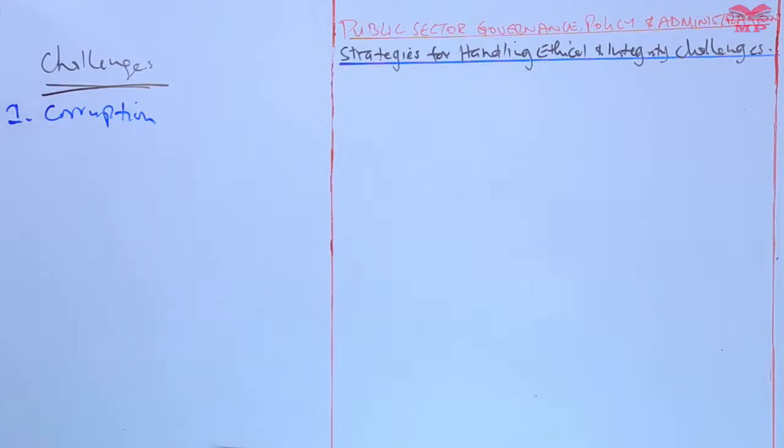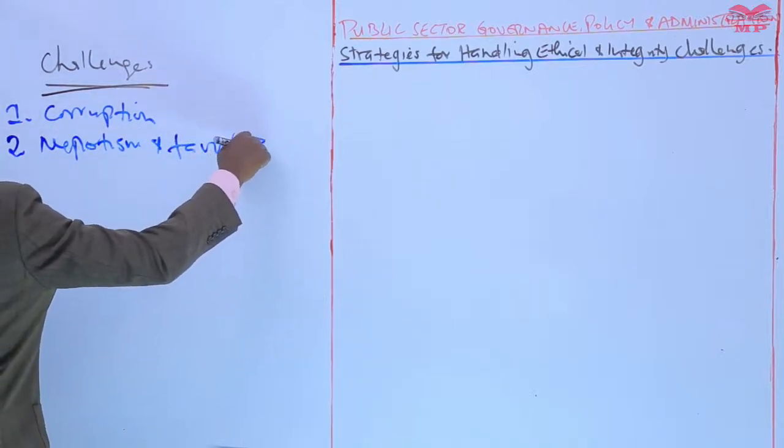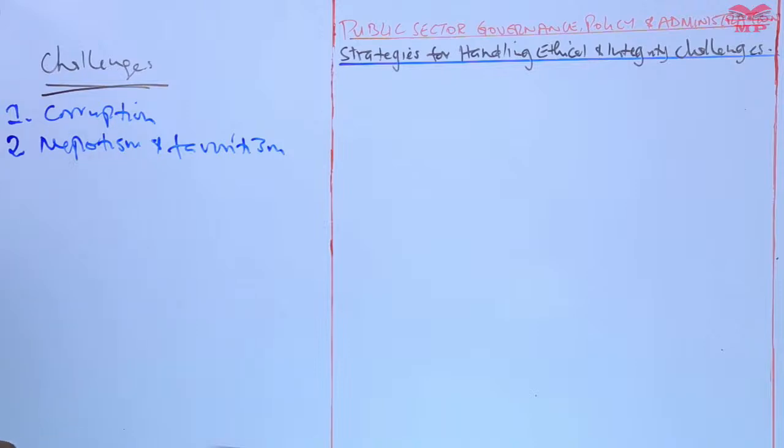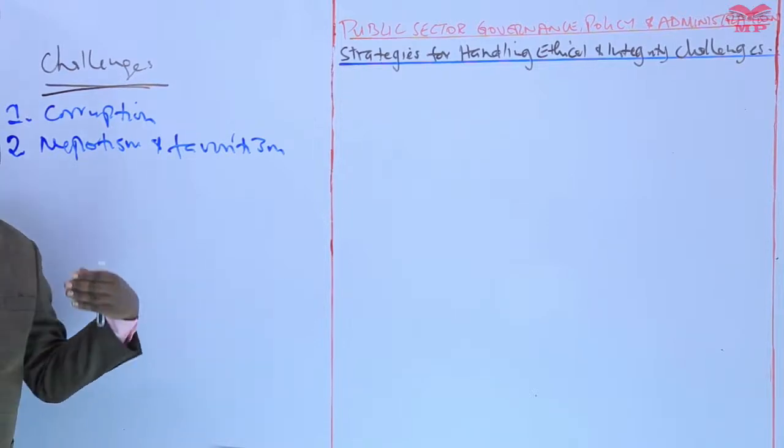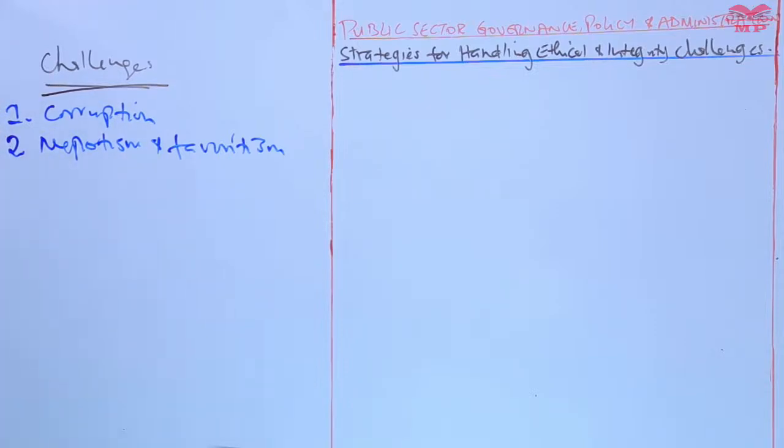The second challenge is nepotism and favoritism. Now, the practice of favoring relatives and friends in appointments and promotions, often at the expense of merit, undermines the principles of fairness, the principle of equal opportunity, and so on.